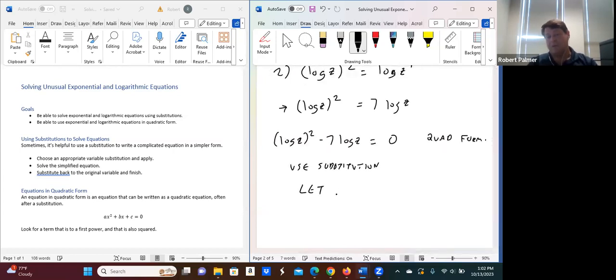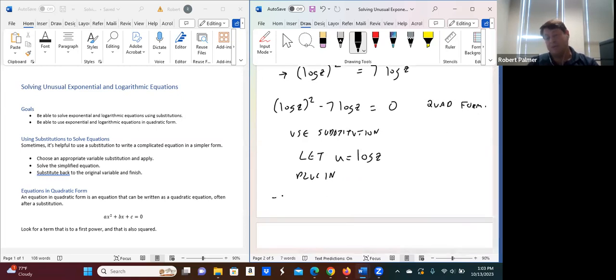I'm not sure why, but if you take calculus, you'll often do a u substitution. So u equals log z. Now I'm going to substitute into our equation. That's obviously going to give me u squared minus 7u is equal to 0.